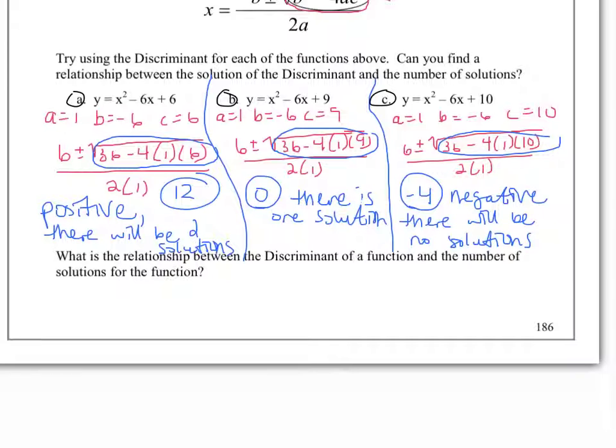Here we want to know, what is the relationship between the discriminant of a function and the number of solutions? We just went over this, so let's write it out to make sure that we have it. The discriminant is b squared minus 4ac. It's what's underneath the square root sign. So if our answer is positive, we know that there are going to be 2 solutions.